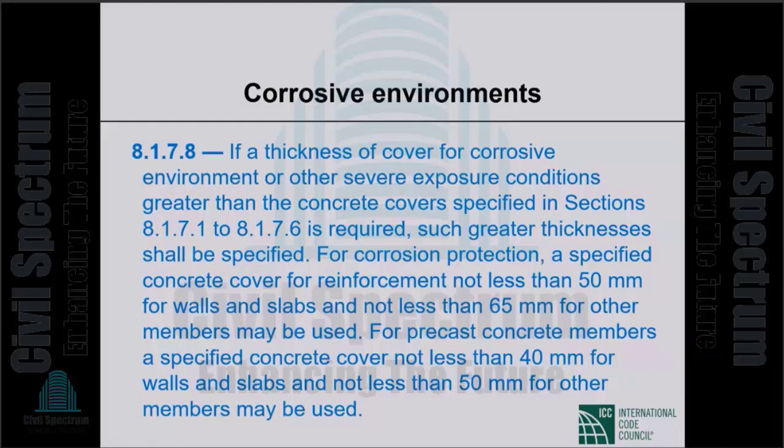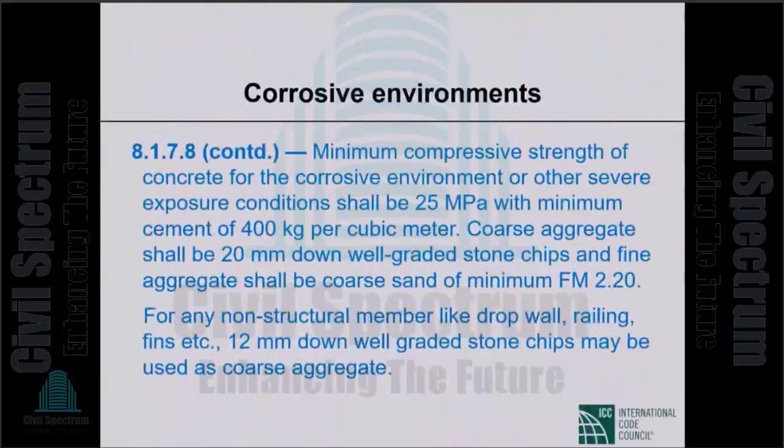For corrosion protection, a specified concrete cover for reinforcement not less than 50 millimeters for walls and slabs and not less than 65 millimeters for other members may be used. Okay, the details you can read up, but for corrosive environments, the message is you may have to exceed the standard cover requirements.